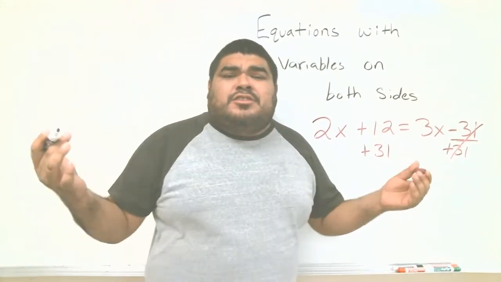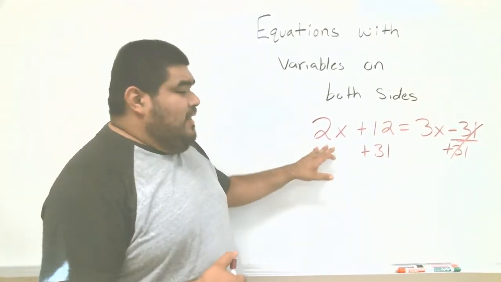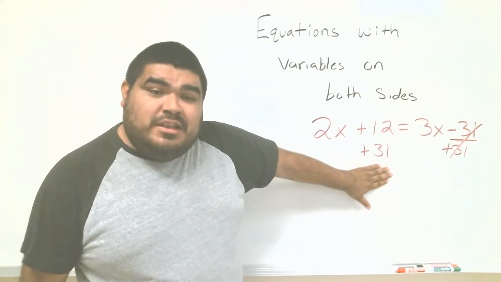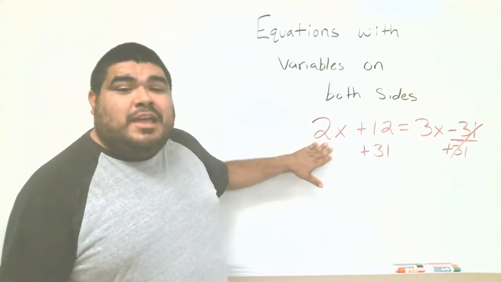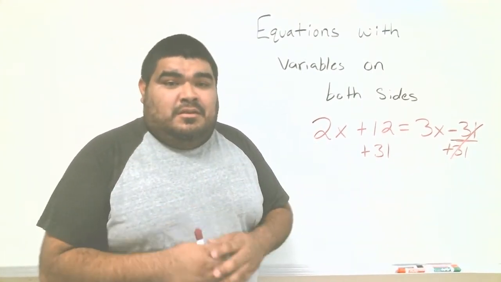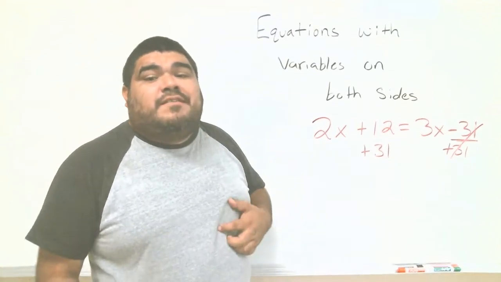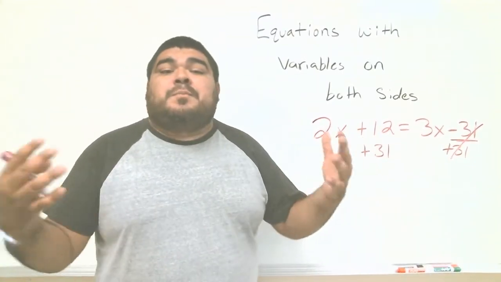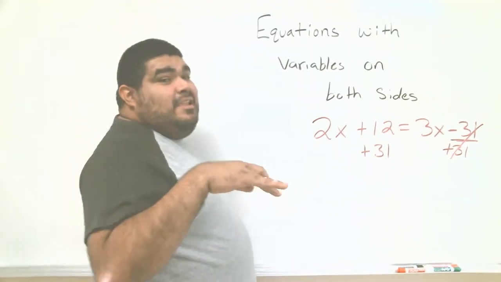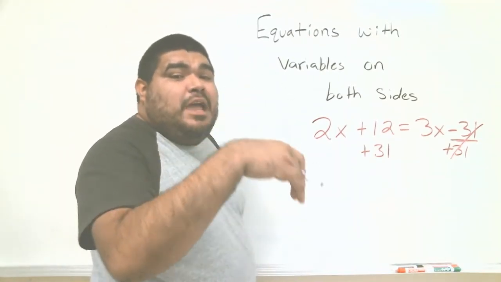You might ask yourself, why not add it to the 2x? The reason why is because notice that the 31 doesn't have a variable and the 2x has a variable. They cannot mix. But the 12 doesn't have a variable, so it combines with the 12. So, we haven't done anything to the 2x, so we can bring it down.